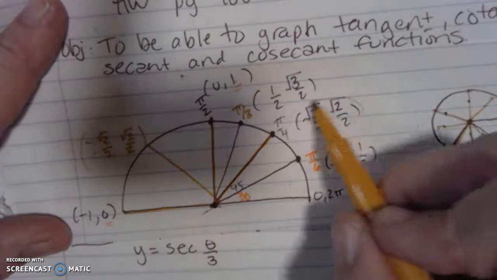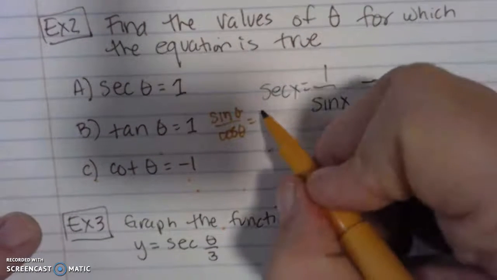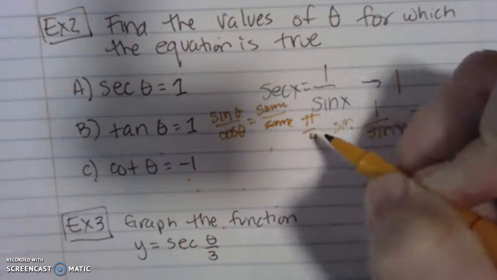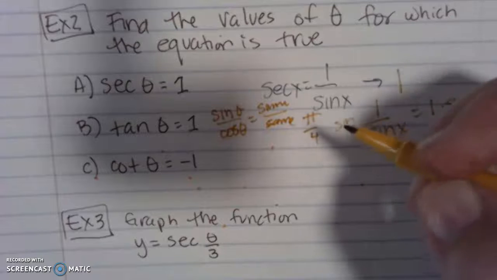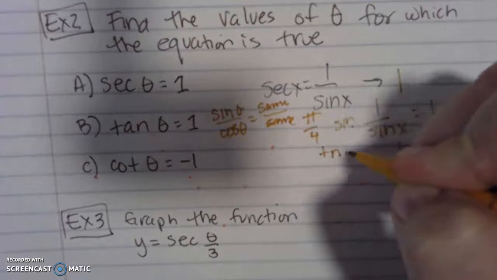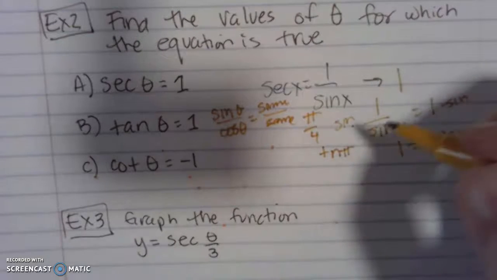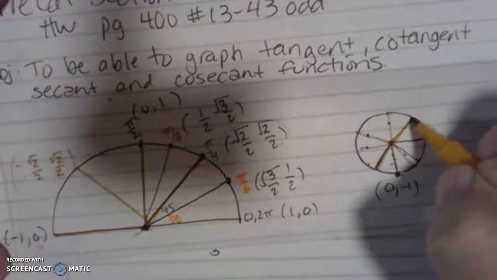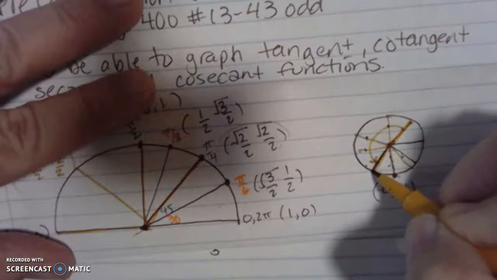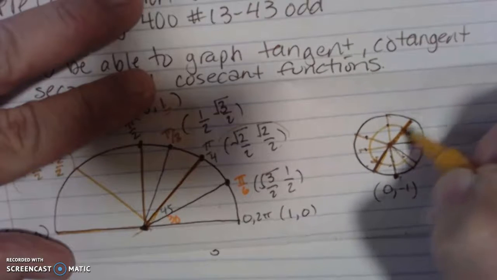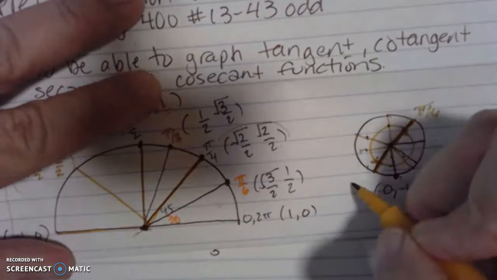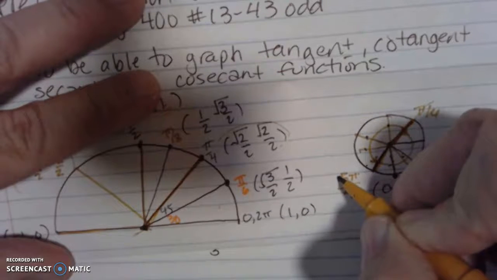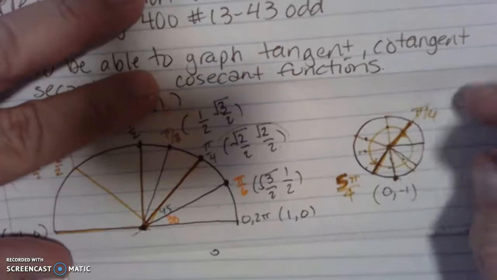So it's going to be pi fourths plus some number of pi, like every pi value. If I add pi, it brings me around to here. And I add another pi, it brings me here. So anytime I'm at pi fourths or 5 pi fourths.